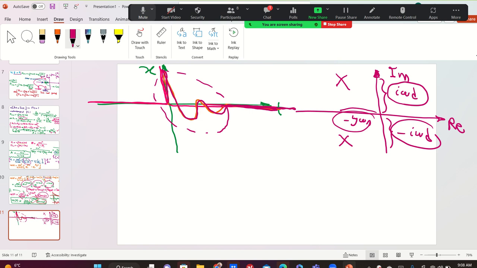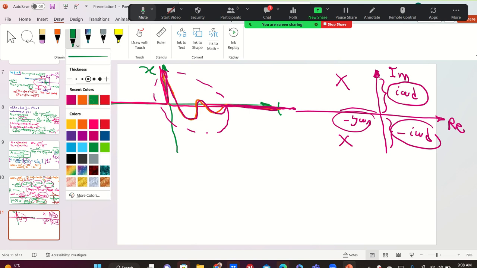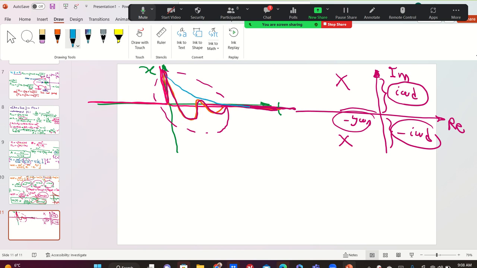But remember, for the first order system, we had this response. Remember, for impulse, we had no oscillation. Never ever. Because a first order system cannot have a pair of complex conjugate poles.